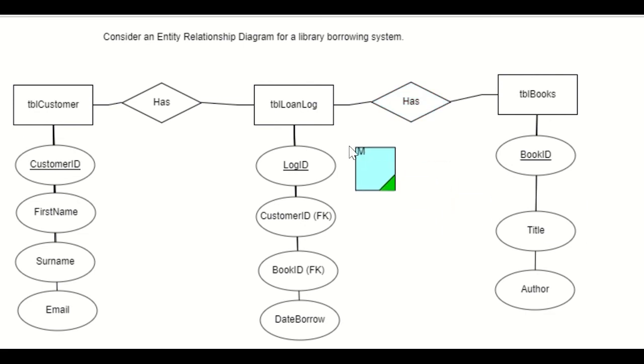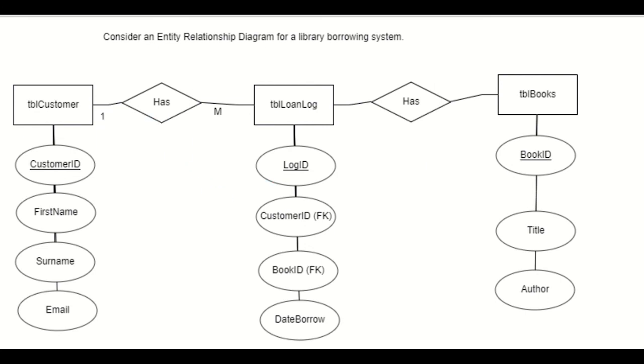So we're going to have our M there. We also need to ask the other way. What is the maximum number of customers a loan can have? Every loan only has one customer associated with it. Each loan cannot have more than one customer because they're all unique loans. So that needs to be our one on that side.